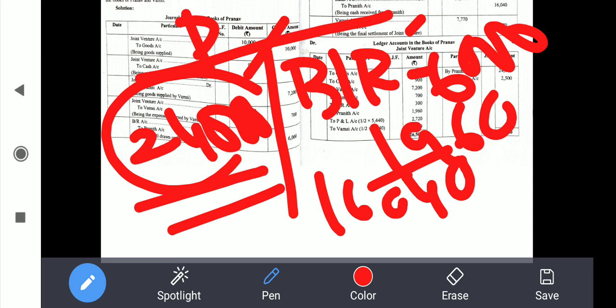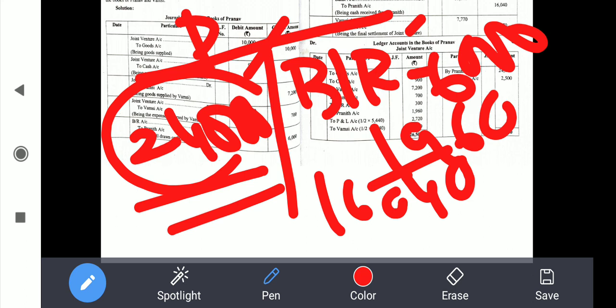Okay. So today we solved the problem on joint venture accounts and especially recorded the journal entries in one co-venturer account. So far we recorded the journal entries in the books of Pranav account. The same journal entries will be followed when we record the journal entries in another co-venturer account, that is Vamshi account.